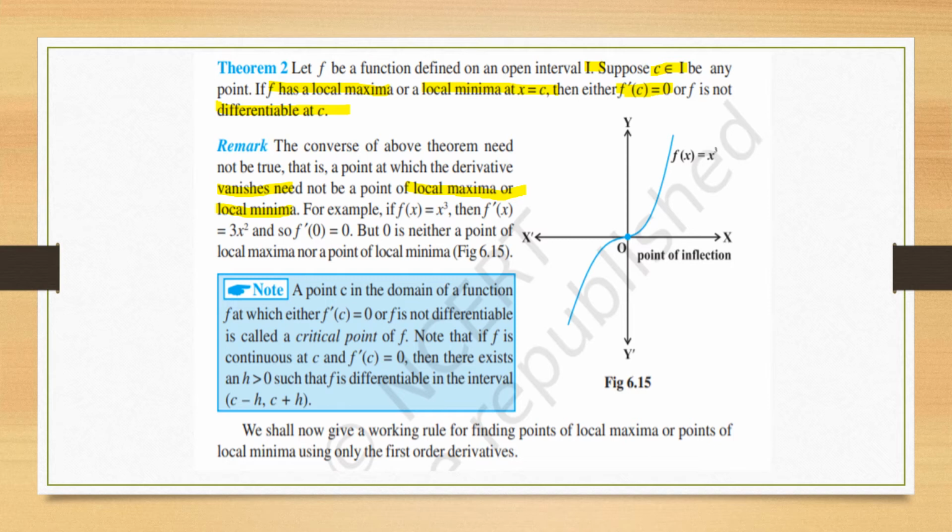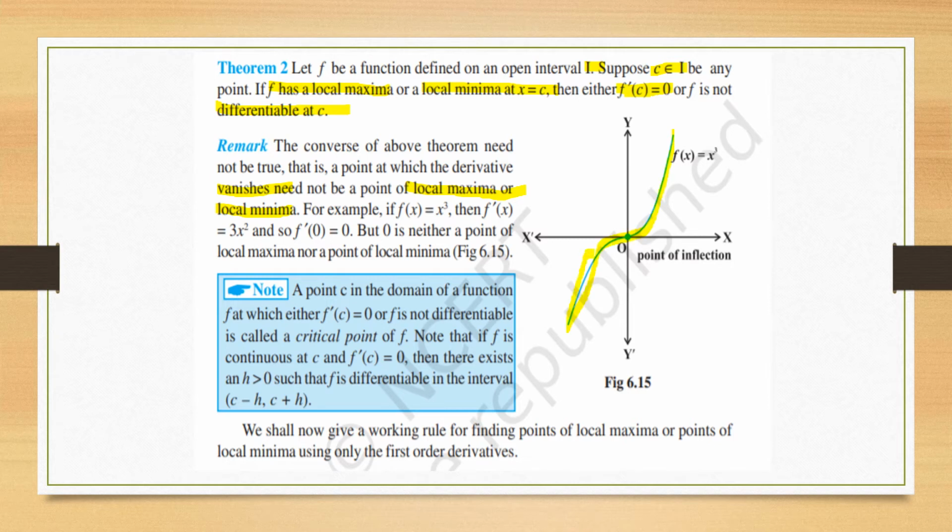For example, if I take a function f of x equal to x cube, a cubic polynomial, its graph, instead of being like a parabola as for a quadratic polynomial, will shift downward. Instead of going up like this, it will come from here and start coming down.